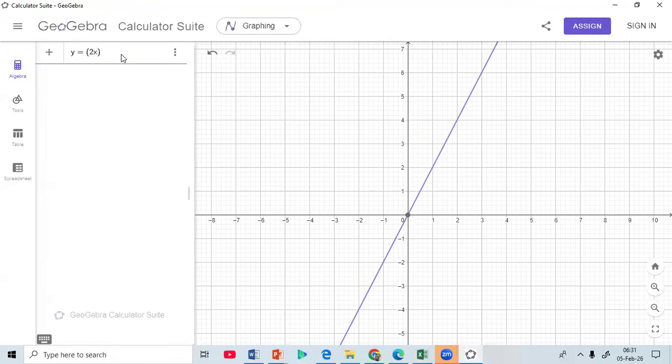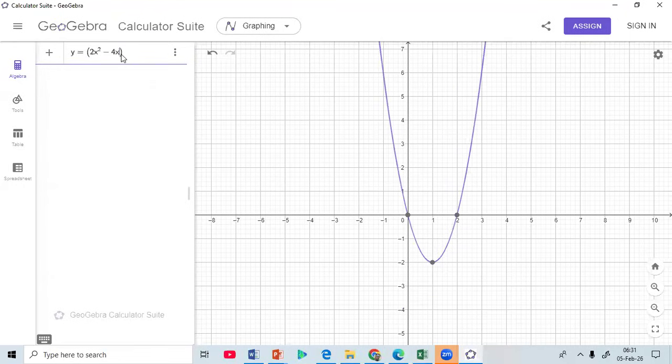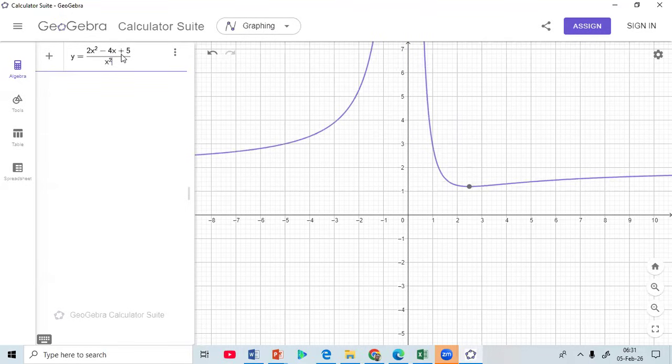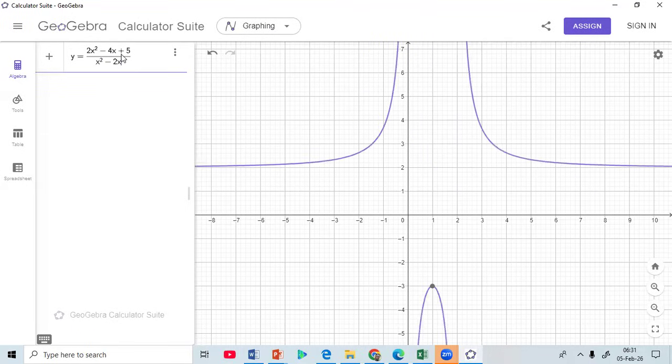You are going to notice that the graph we have been working with, 2x squared minus 4x plus 5 over x squared minus 2x plus 1.